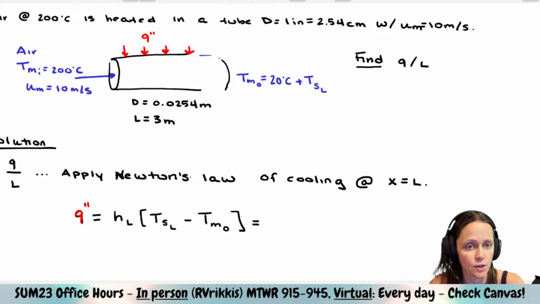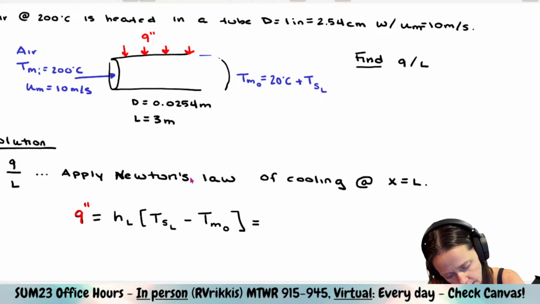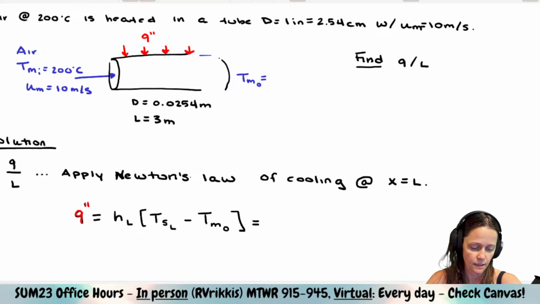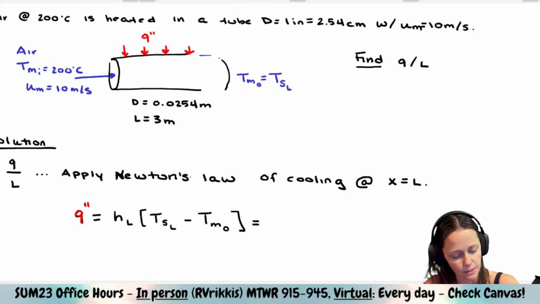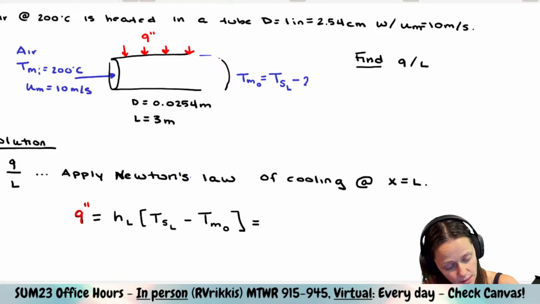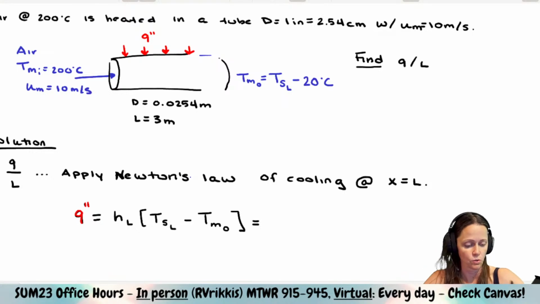If the wall temperature is higher, I'm sorry. So this would be T surface at X equals L minus 20 degrees Celsius, because the wall temperature, the surface, is higher, it's hotter than the fluid itself.